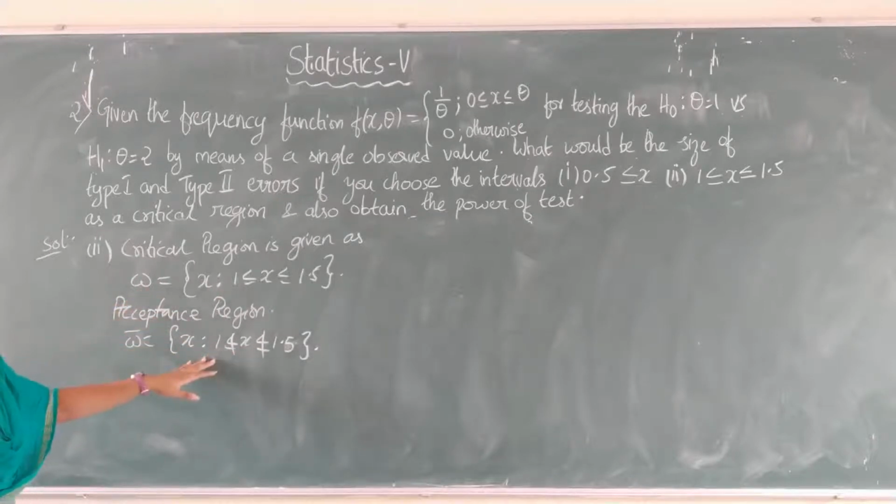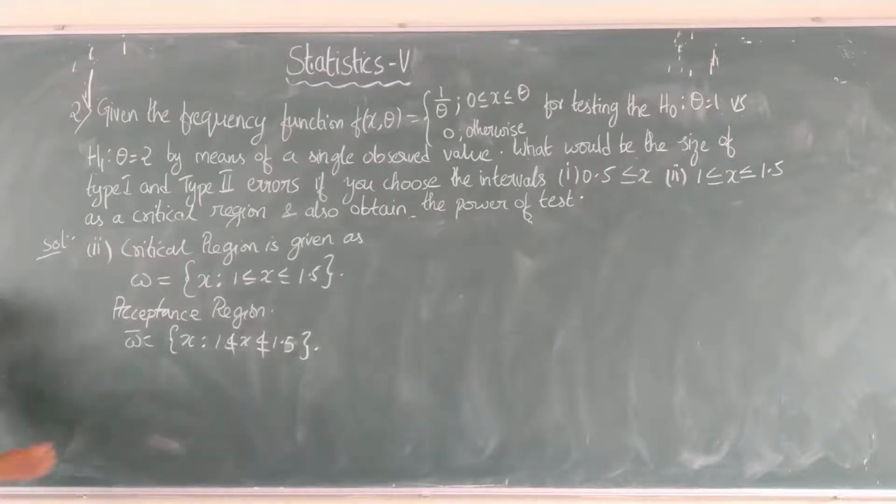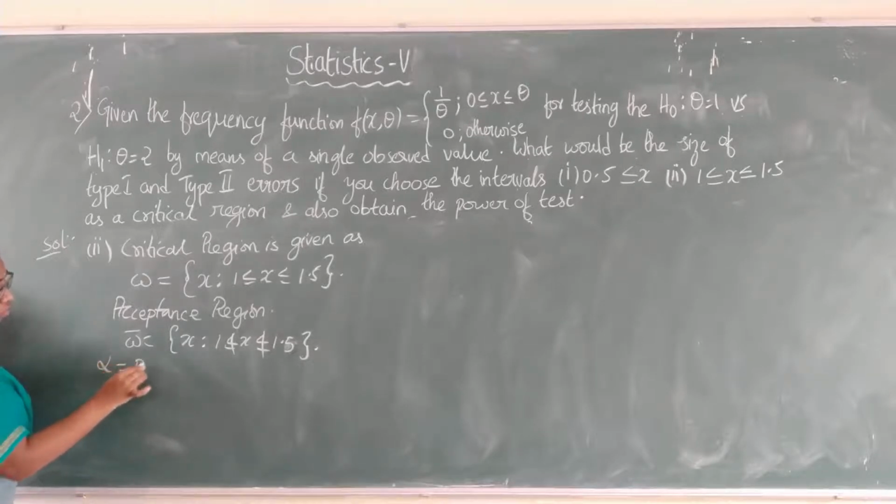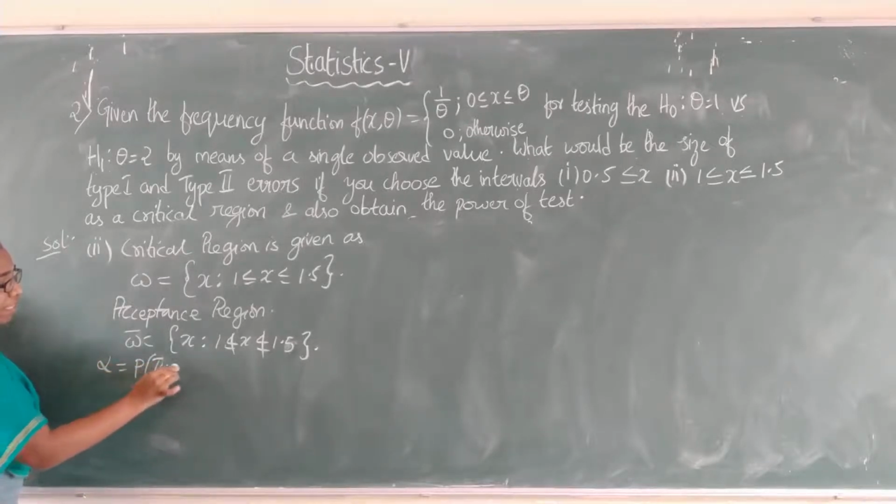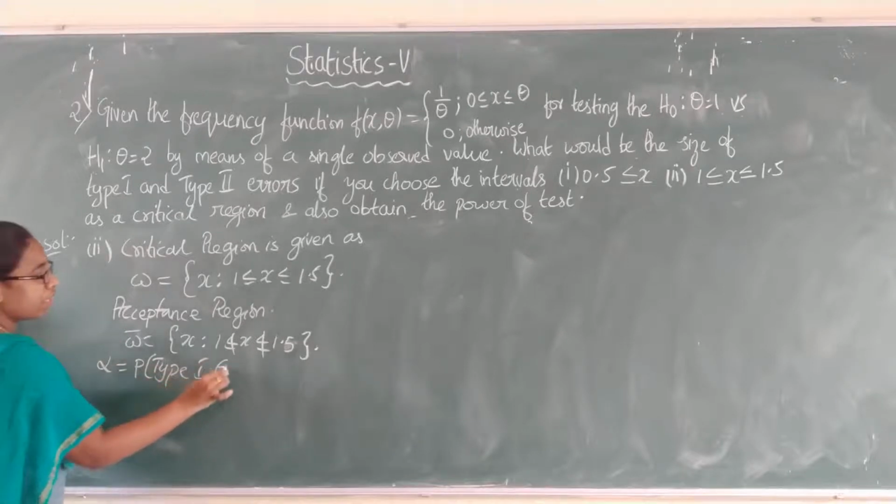If x does not lie between 1 and 1.5, then it falls under the acceptance region. Now first we have to find the size of the type 1 error, that is alpha equals the probability of type 1 error.